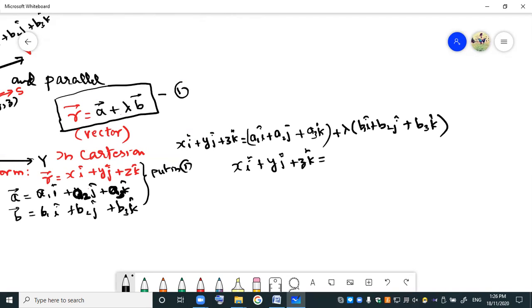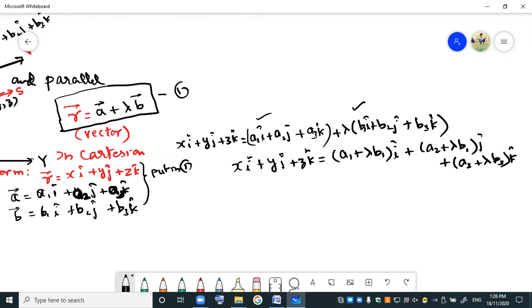Ijk should be removed because we are going to write in terms of, now if you take i common from these two terms, it will become (A1 plus lambda B1) i plus j common (A2 plus lambda B2) j plus (A3 plus lambda B3) k.